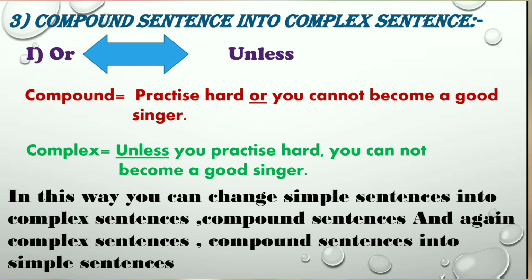I have told you so many ways to transform the sentence. So these all ways are used in both directions, and you can use all the rules to transform the sentences.